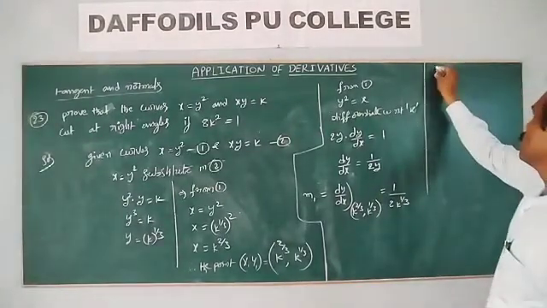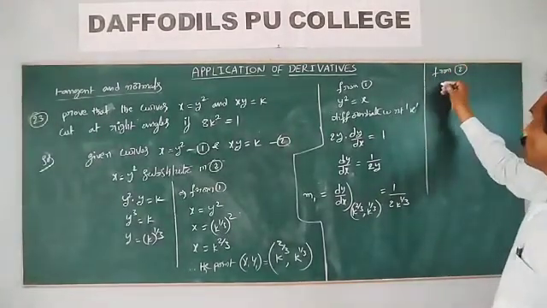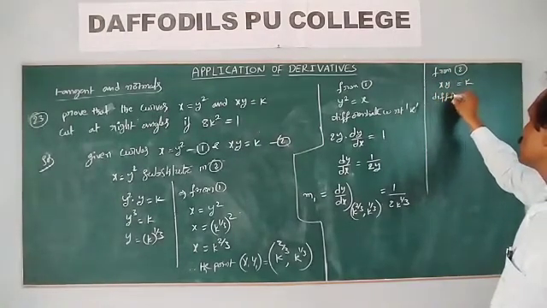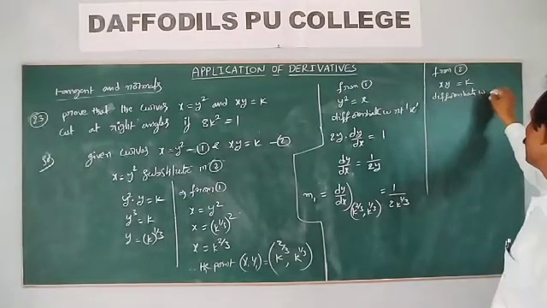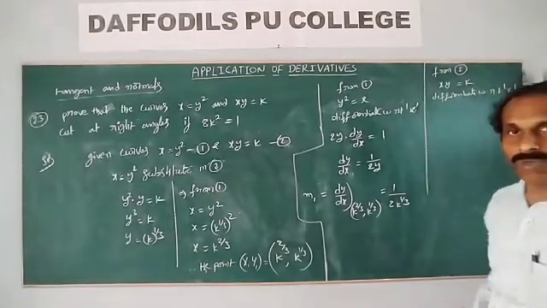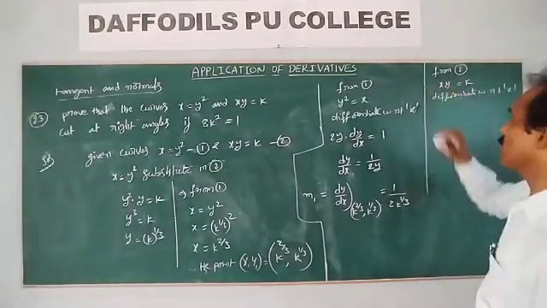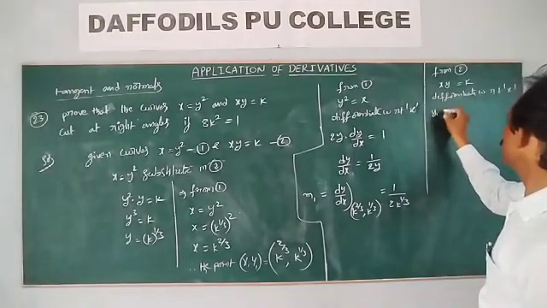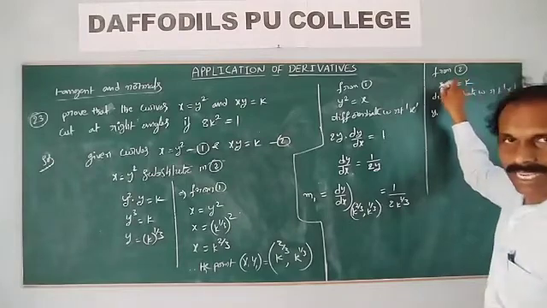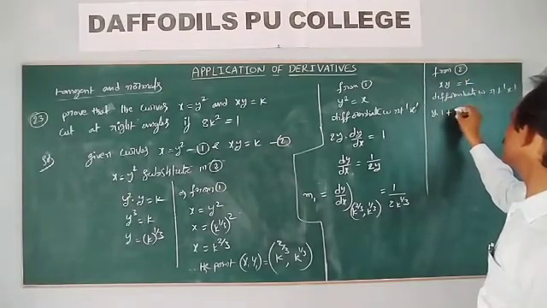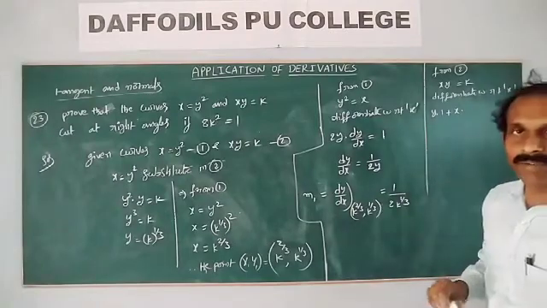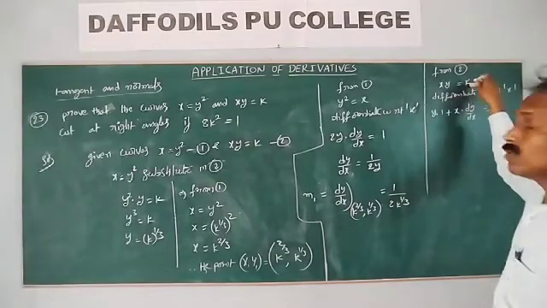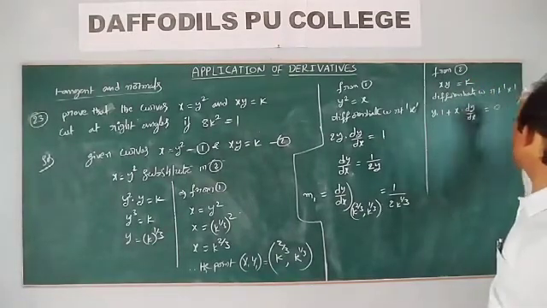Next, from 2, xy is equal to k. Differentiate with respect to x using the product rule: x derivative 1 plus x into dy by dx, that is, y plus x dy by dx is equal to 0, since k is a constant.